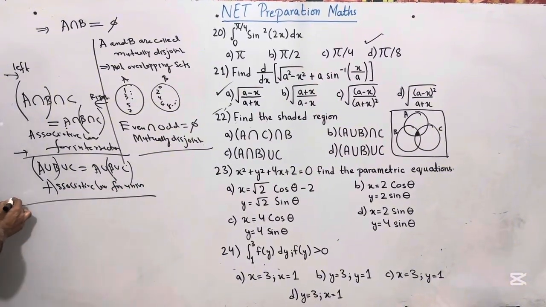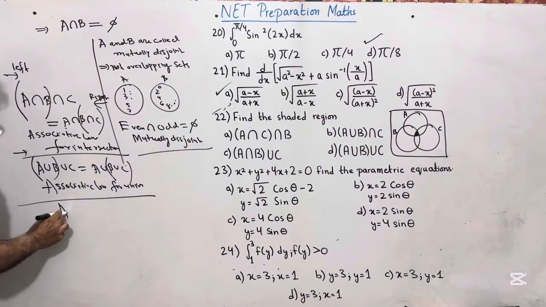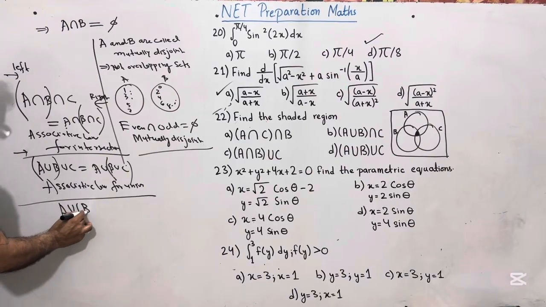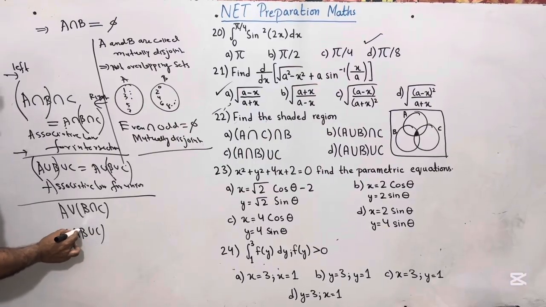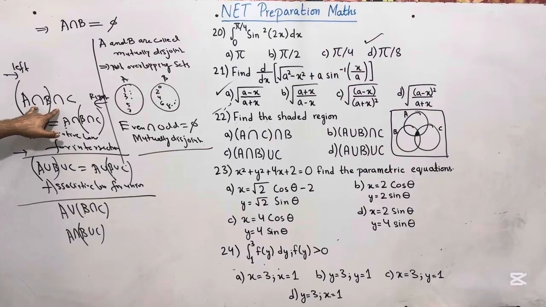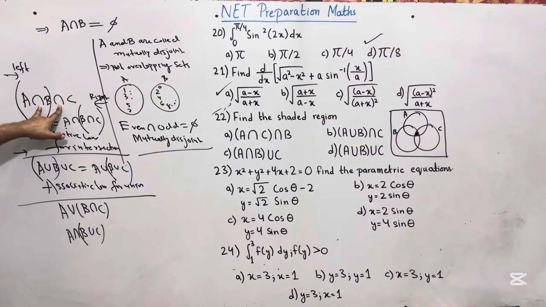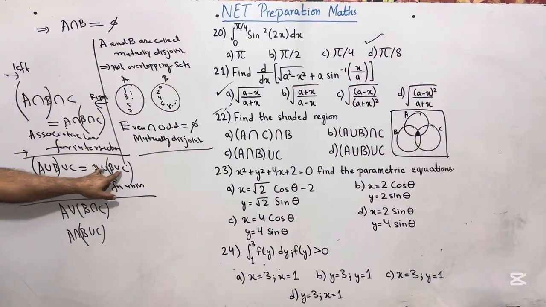And finally, let me give you a good example of the distributive law: A union B intersection C, or A intersection B union C. Look at this. In the associative law, both symbols are identical: intersection, intersection, while in union there is also union.